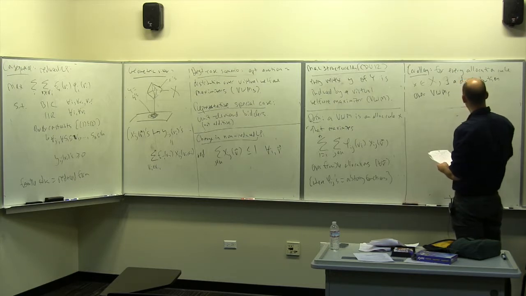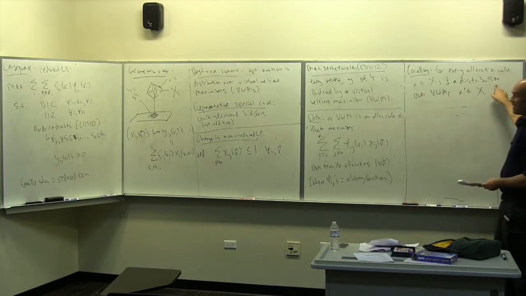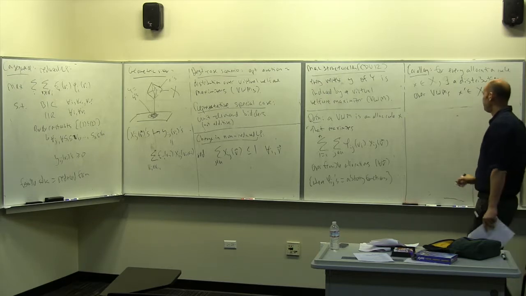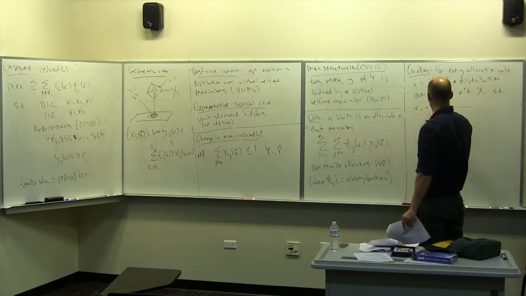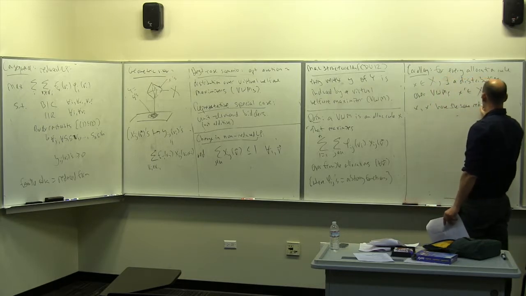The claim is there exists a distribution over VWMs, little x prime, which is a convex combination of virtual welfare maximizers, is also an allocation rule, and in this polytope capital X, so that x and x prime have the same reduced form.